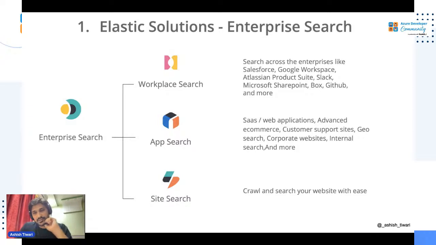Site search is nothing but, we have our crawl engine, and what you do is, in Elastic Cloud you just put your URL, like let's say www.ashish.one, and just press the button crawl. Our crawl engine will crawl all your data, especially on a static website, and it will store it in Elasticsearch.